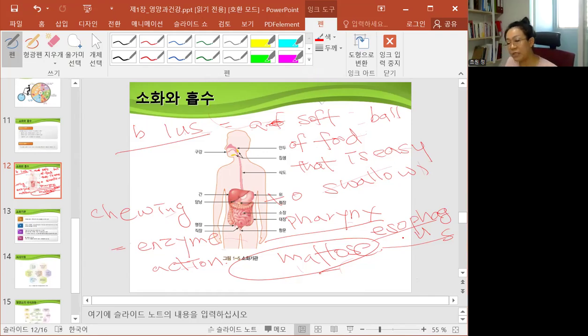Enzymes are special proteins that help break down food. For example, when you eat bread, the saliva starts to break down the starch into sugar. So digestion starts already in your mouth.